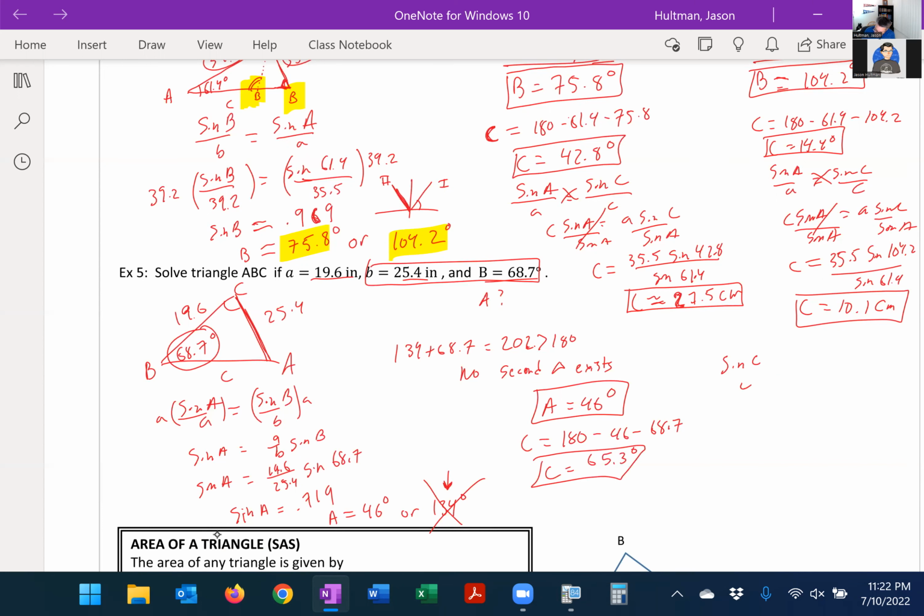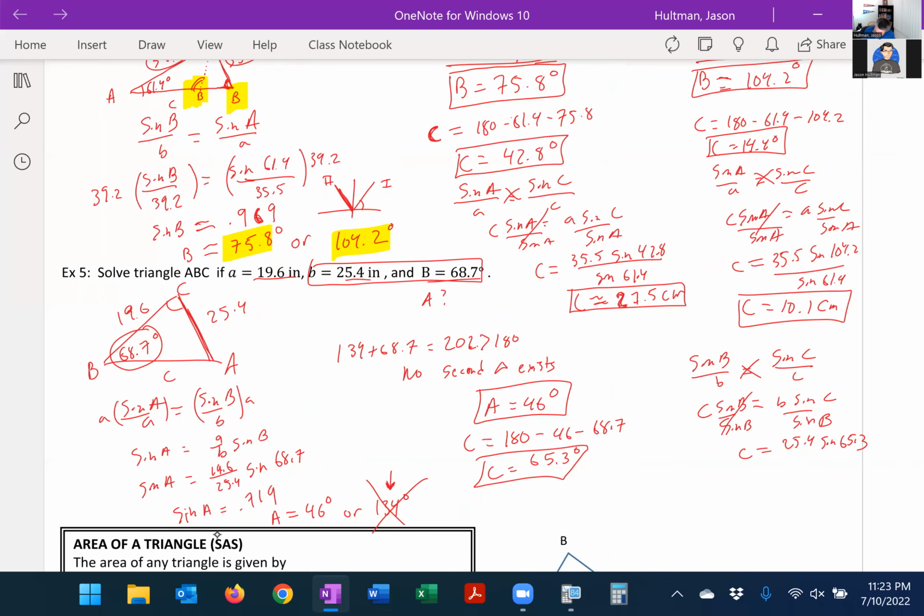Sine B over little b is equal to sine C over C, because I want side C, this little side C. So cross multiply: C times sine B is equal to B times sine C, and divide by sine B, and we get side C is equal to B sine C over sine B. So B was 25.4, sine C is the sine of 65.3, all over the sine of B, which was 68.7.